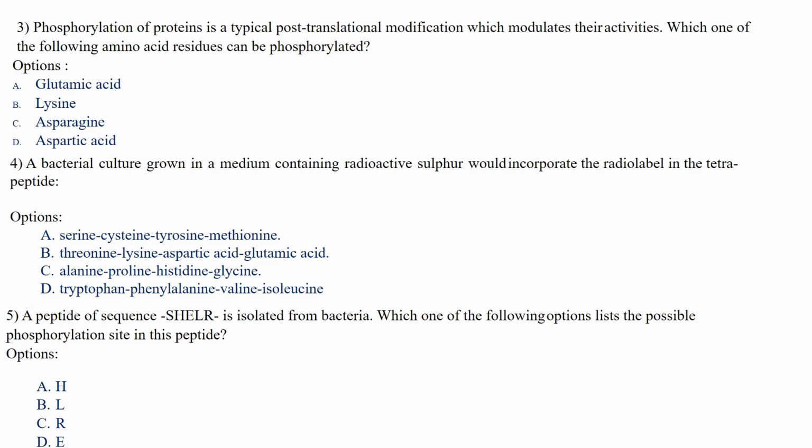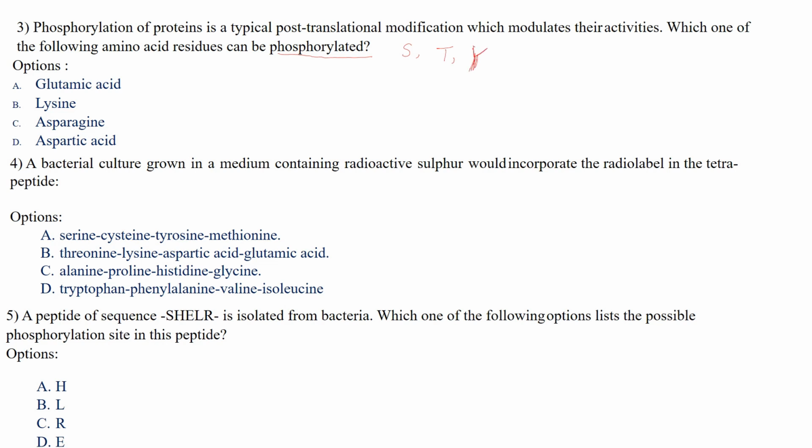And the next question is, phosphorylation of proteins is a typical post-translational modification which modulates their activities. Which one of the following amino acid residues can be phosphorylated? Always remember there are three amino acids, that is serine, threonine and tyrosine, which are phosphorylated.